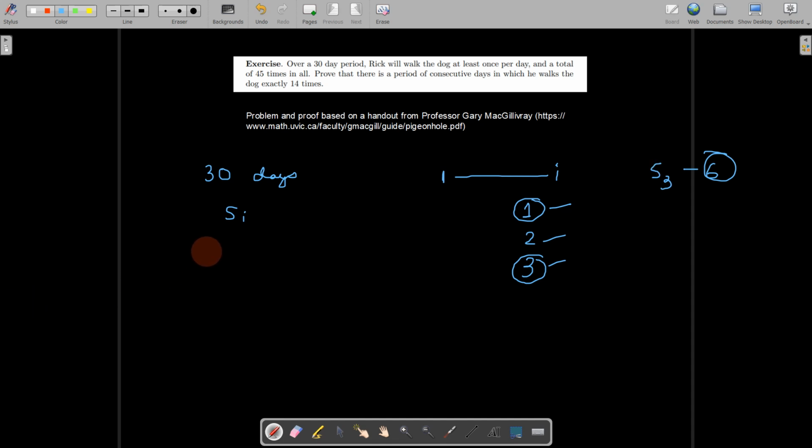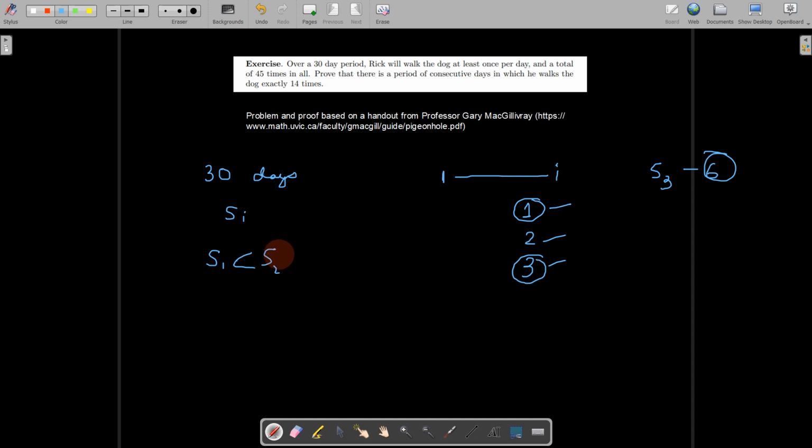So we will have S1, the cumulative sum of how many times Rick has walked his dog by the end of day 1. Because minimum per day he is walking his dog one time, I know that S2 has to be greater than S1.